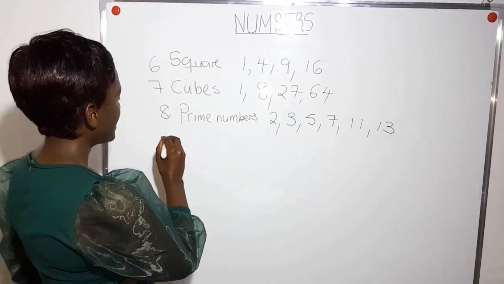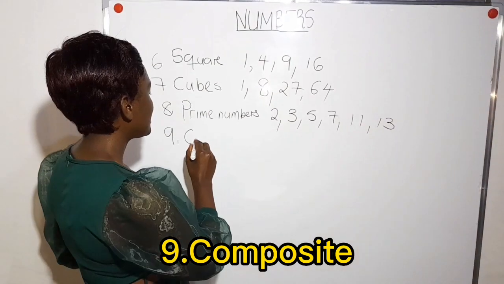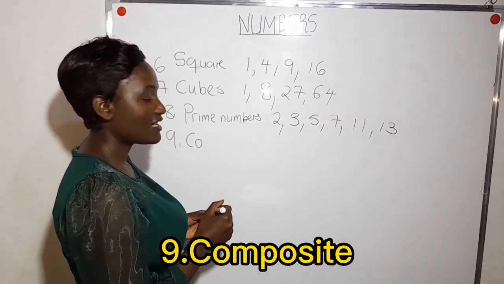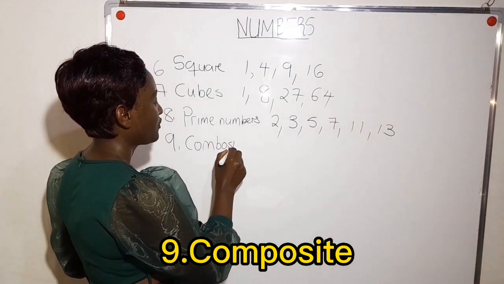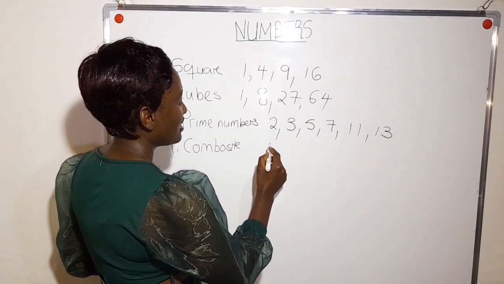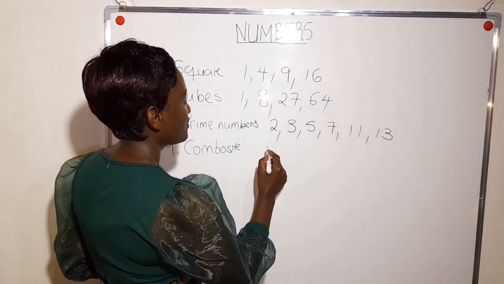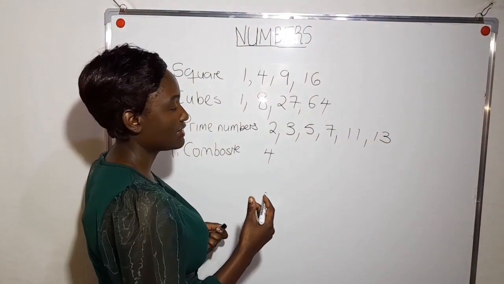Next, we are going to look at composite numbers. Composite numbers are numbers that have more than 2 factors. If we look at 4, it has many factors.